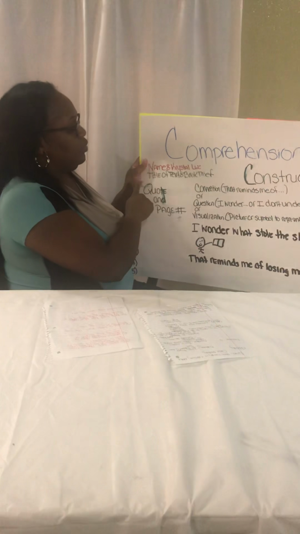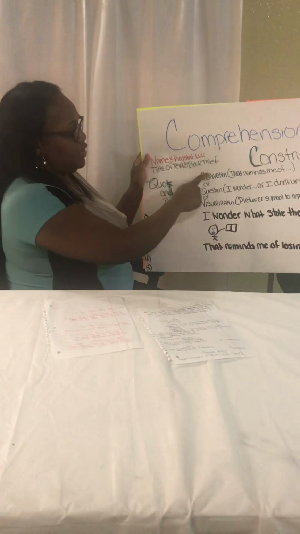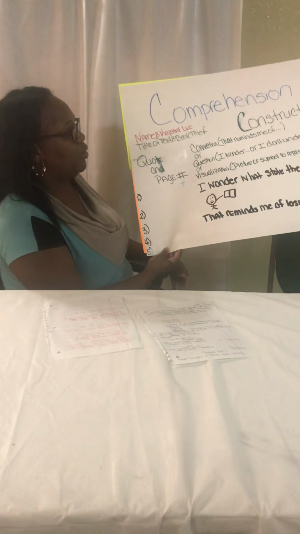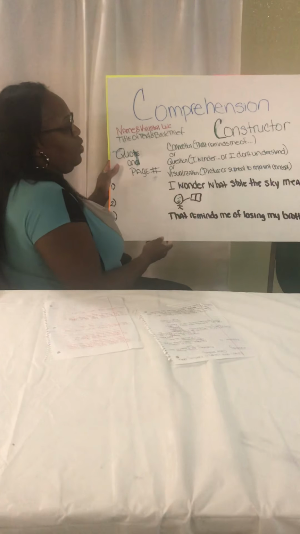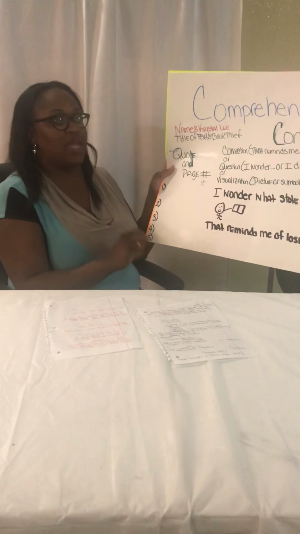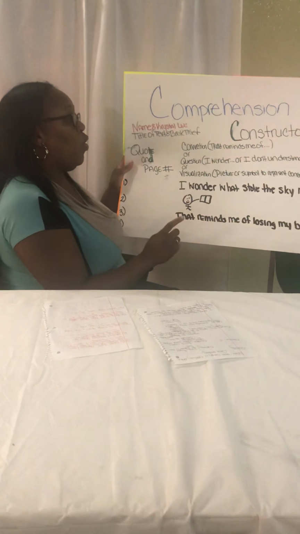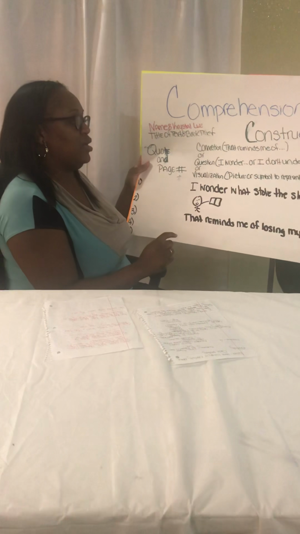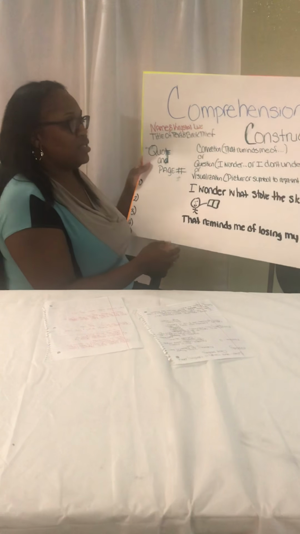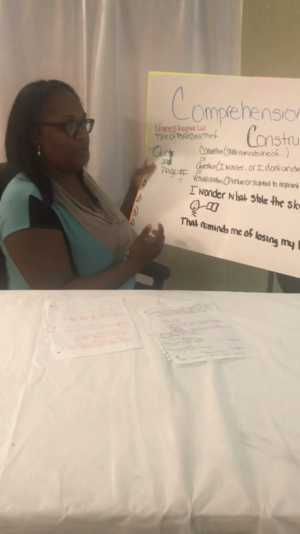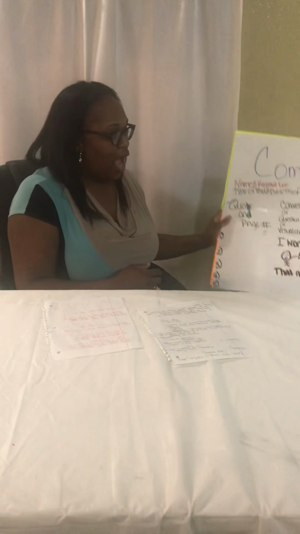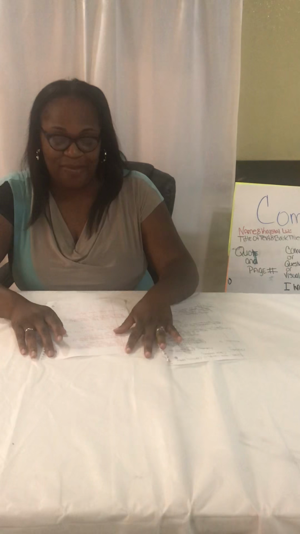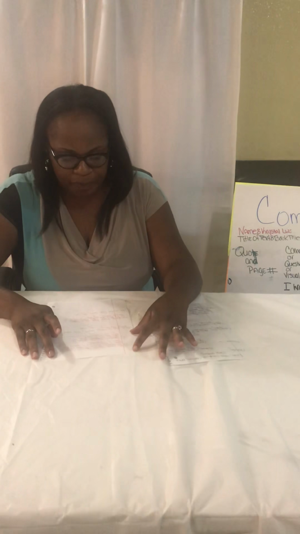Comprehension Constructor: it will have your name and the title of the text, and the direction on the left will be quote and page number, and then to the right of that it will be connection, with a prompt that reminds me of, or they can raise a question, I wonder or I don't understand, or visualization, which is a picture or symbol to represent a concept. I chose three quotes from the book The Book Thief because half of us read that book.